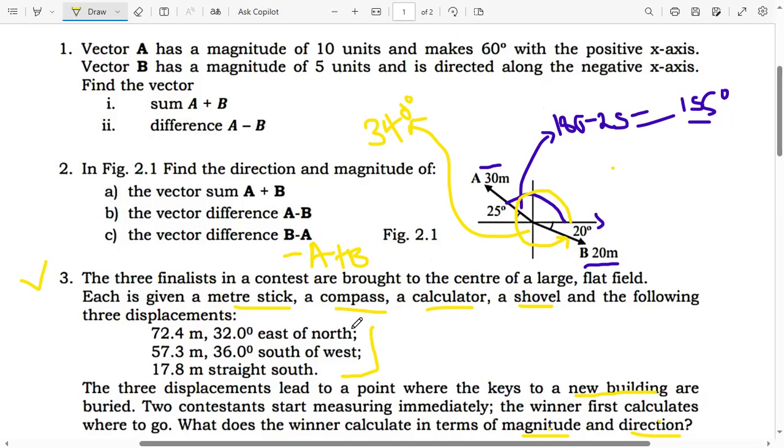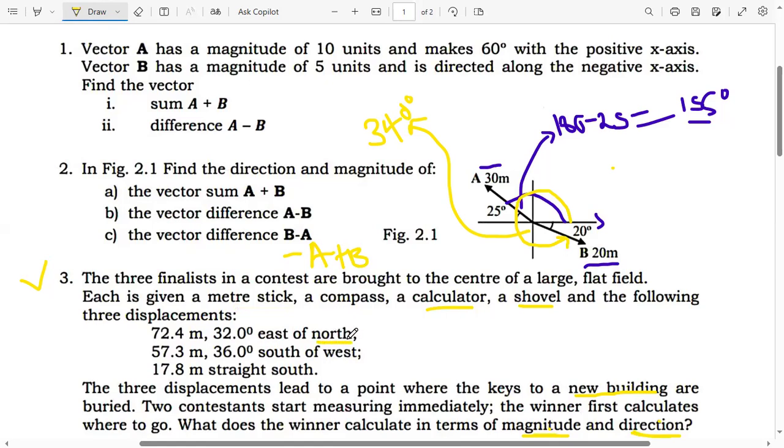Okay, so this is a practical question. So it means these are the vectors that we're going to work with, and we want to find the resultant magnitude and the resultant direction. So here there are important terminologies that we need to interpret. So when they say 32 degrees east of north, okay, you always start at the very end here.